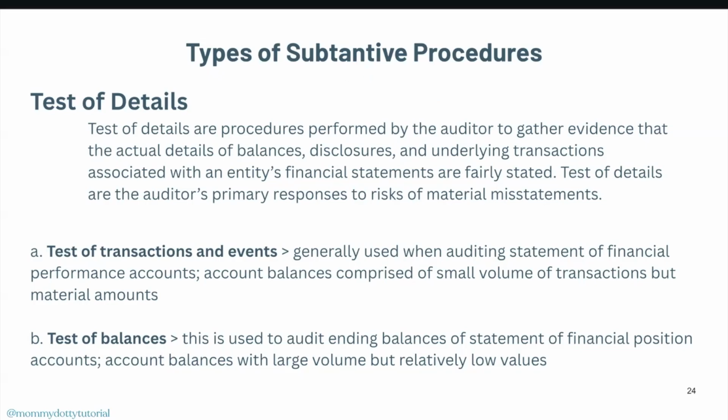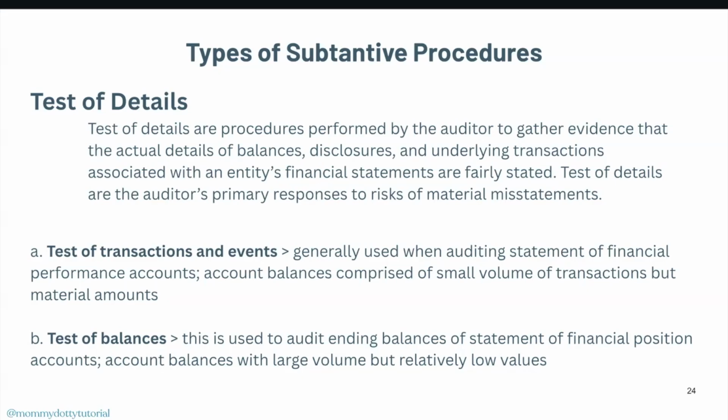When performing tests of details, the auditor may choose between the test of transactions and the test of balances. Test of transactions and events is generally used when auditing statement of financial performance accounts, while test of balances is used to audit ending balances of statement of financial position accounts.